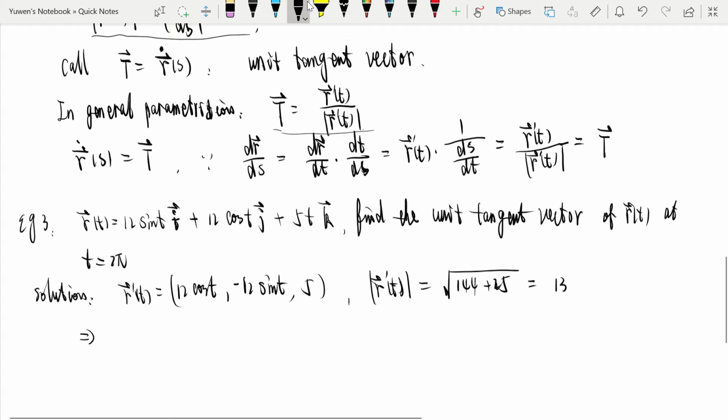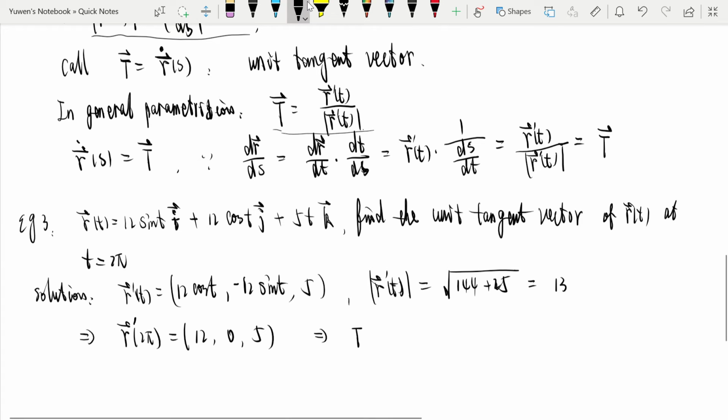So the unit tangent vector when t equals 2 pi: r prime at 2 pi is 12, 0, 5.